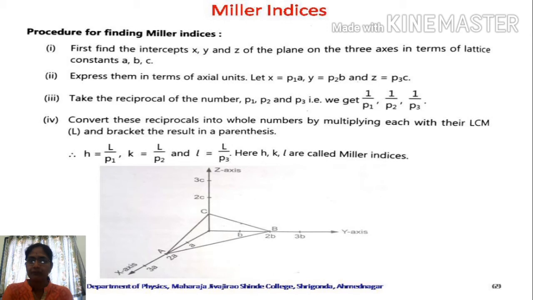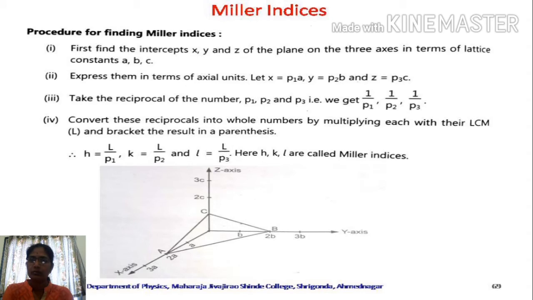Then in the next step we have to divide these by a, b and c. It will give us p1, p2, p3 as numerical parameters. And the next step is you have to take the reciprocal of p1, p2, p3 and it will come out as 1 upon p1, 1 upon p2 and 1 upon p3.